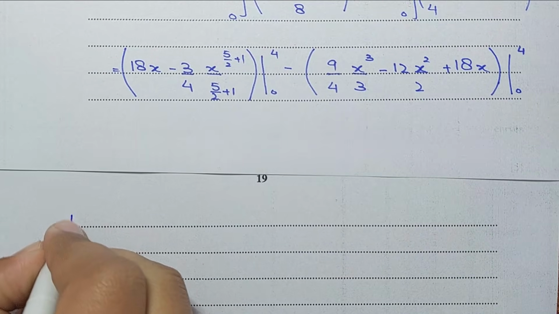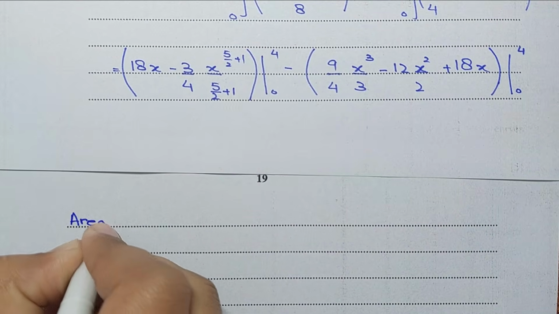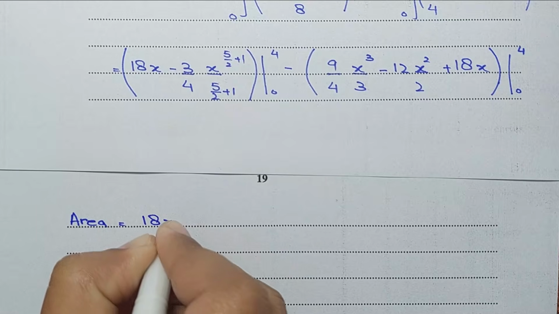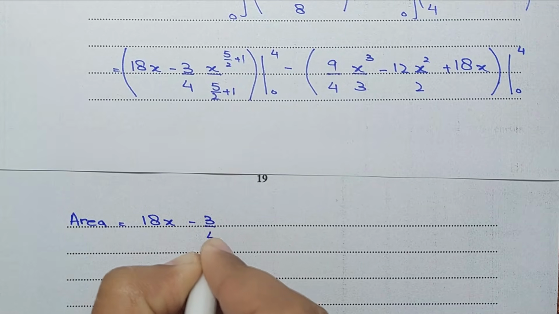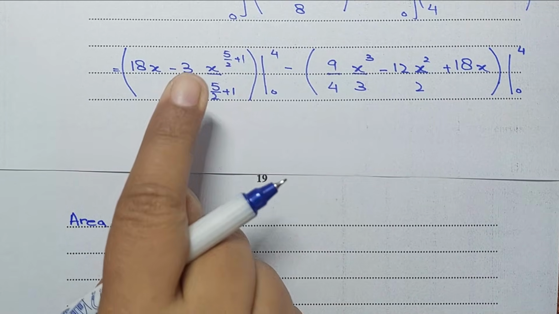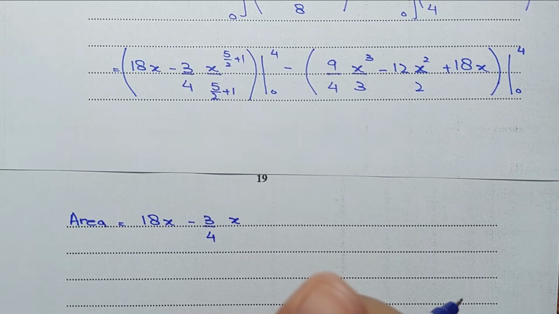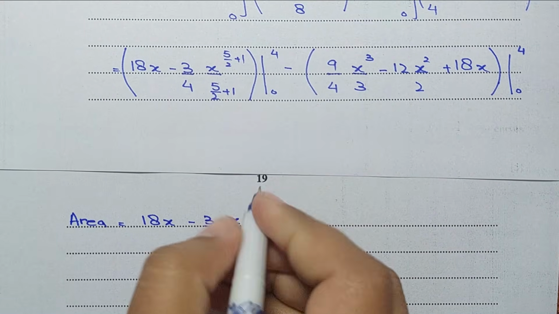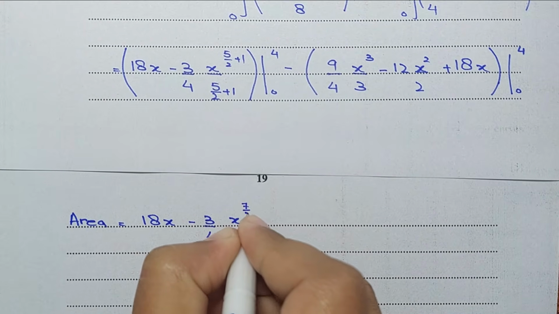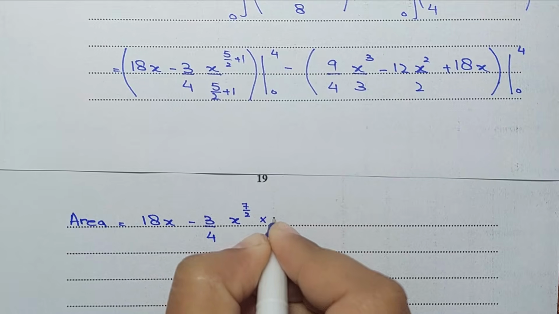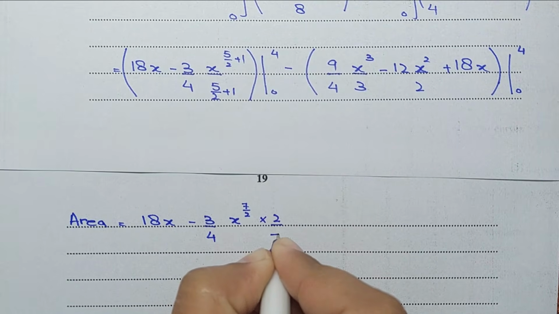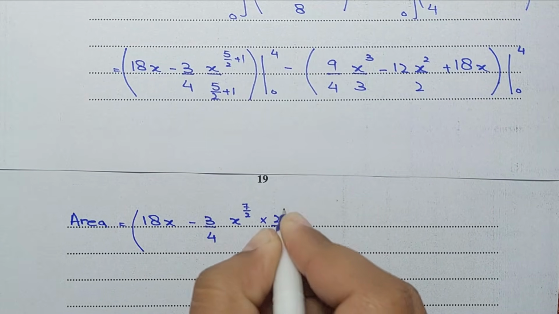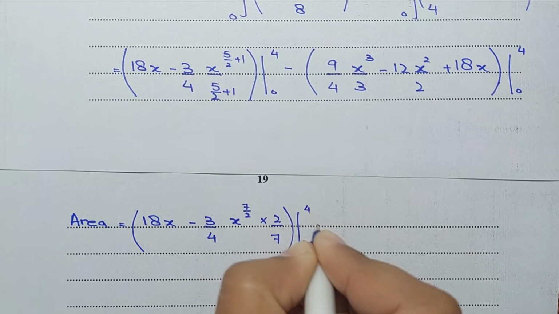Let me simplify this further. So the shaded area becomes 18x as it is, minus 3 over 8, x to the power 5 over 2 plus 1. 5 plus 2 is 7, so 7 over 2. The denominator is 7 over 2, but we can reciprocate it to 2 over 7. This is from 0 to 4.